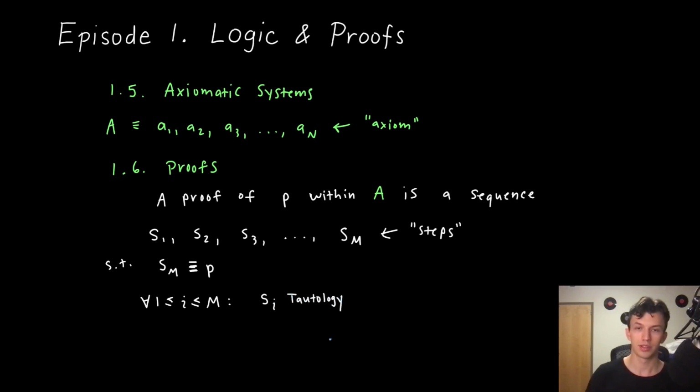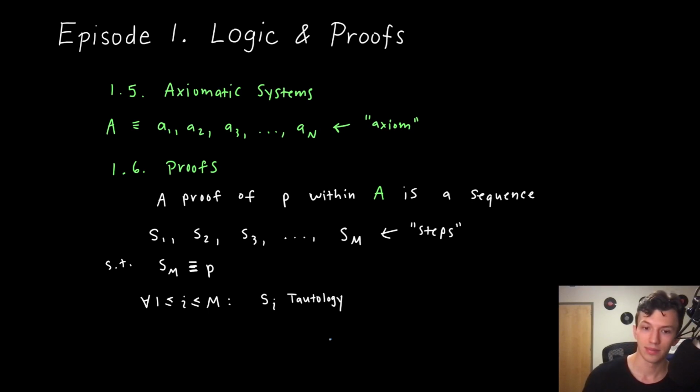The tautologies are things that are true just by their logical nature. They're not conditional statements; they're not conditional on anything. They are simply logically true. One example would be: it is raining outside, or it is not raining outside. Currently, it is raining outside, so that statement would be true.